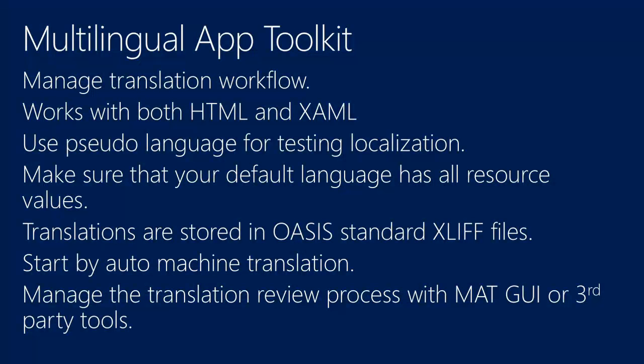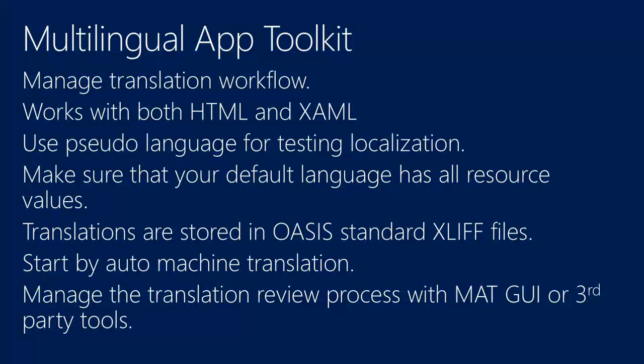So what does this tool do? It automatically copies your resource IDs from your default language into the target translation languages into a file format called XLIF. XLIF is an OASIS standard for translation workflow management.